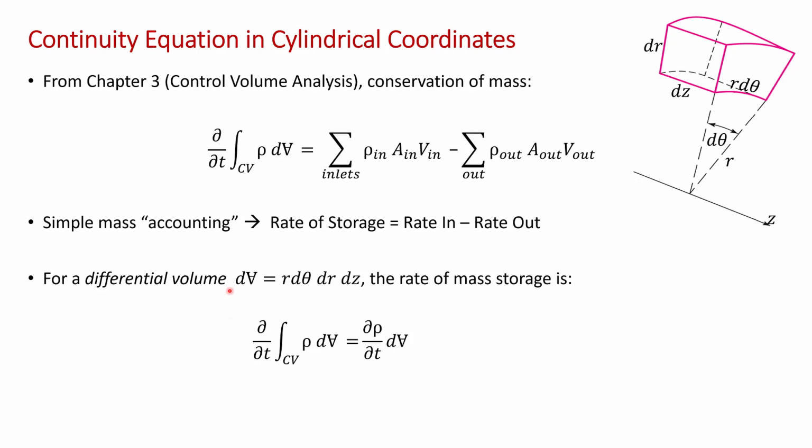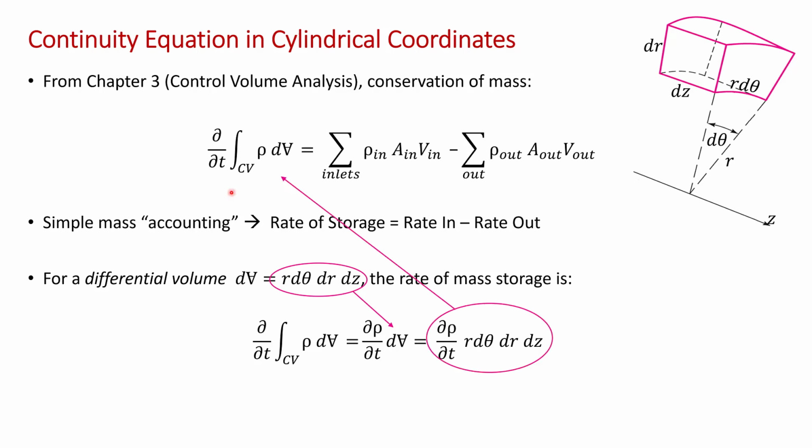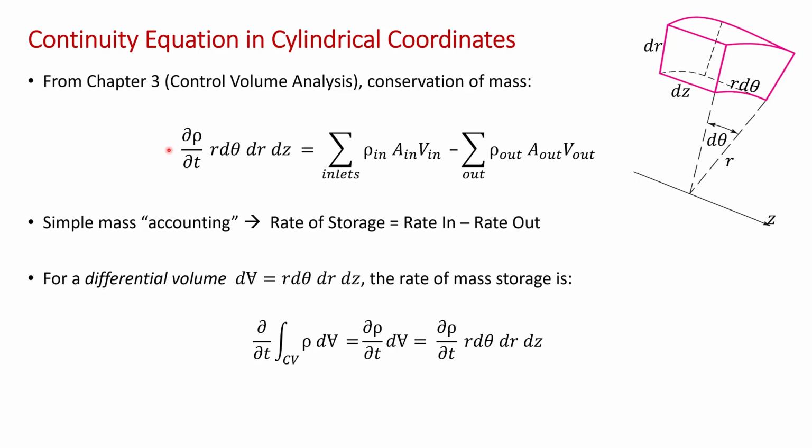We can make the substitution here for dV, and this becomes ∂rho/∂t times the differential volume r dθ dr dz. Now this can be substituted back into our continuity equation, and I've rewritten this equation on the next slide.